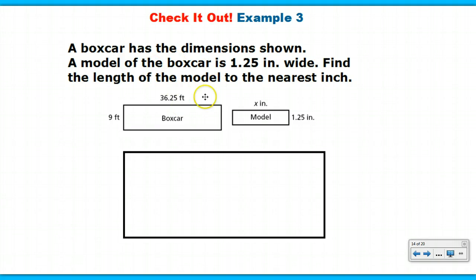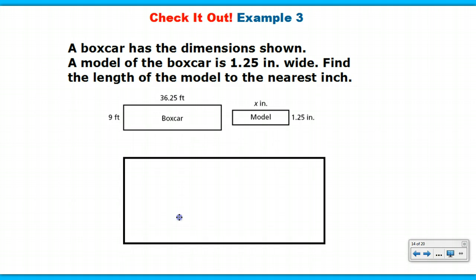A boxcar has the dimensions shown. A model of a boxcar, like the one I have in class, my little Z gauge, right, is given. So find the length of the model to the nearest inch. Please pause the video and come back and check out the key.